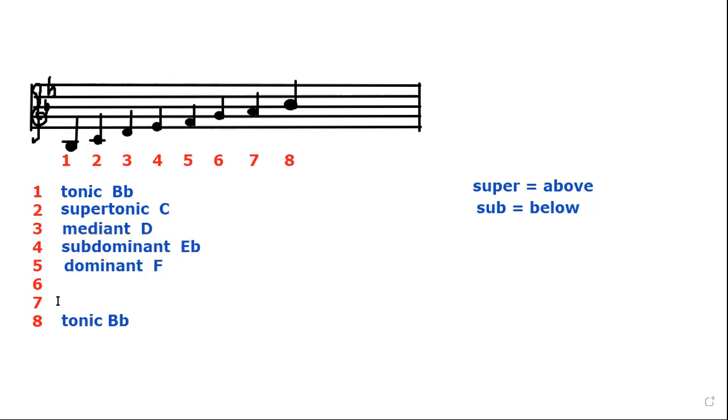Okay, I'm going to skip number 6, the 6th scale degree, and we're going to go to the leading tone, which is 7. We'll come back to 6, don't worry. In the scale, the 7th scale degree is A. And that is called the leading tone because it leads your ear to want to hear this tonic again. So if you were singing a scale, 1, 2, 3, 4, 5, 6, 7, and you just hung out here for a really long time, people would start throwing things at you very soon because they want to hear 8.